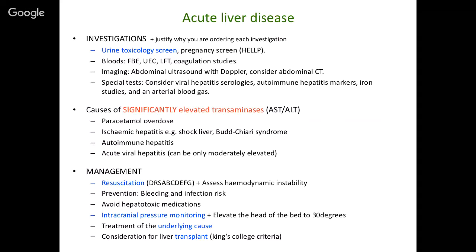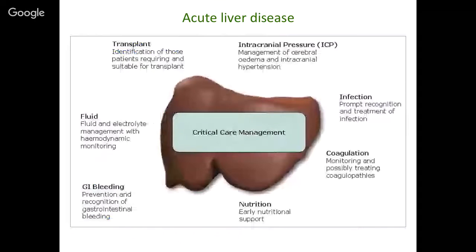Obvious things, so avoiding hepatotoxic medications, because people with acute liver disease are at increased risk of bleeding. Maybe looking at some prophylaxis there as well, and a few other things. So treatment of the underlying cause, and if you're interested, you can look up the King's College criteria, which is a good set of criteria for liver transplant as well. So that's just a nice picture which ties in all the aspects of managing a patient with acute liver disease.